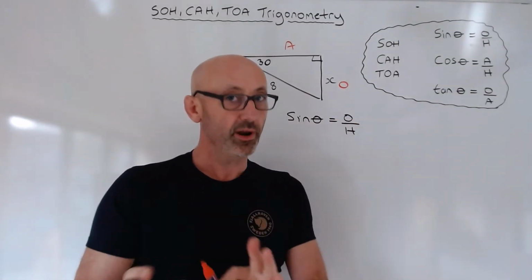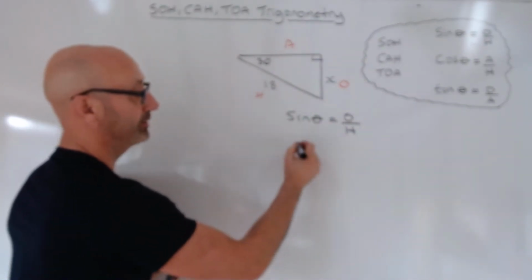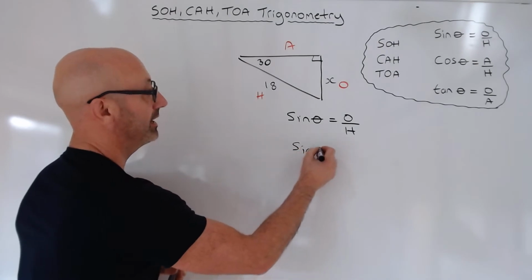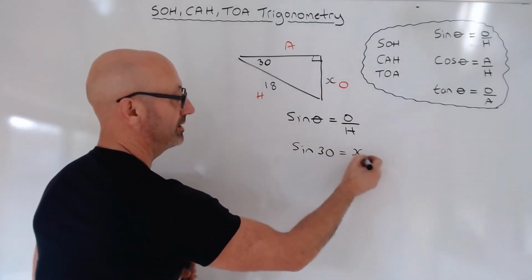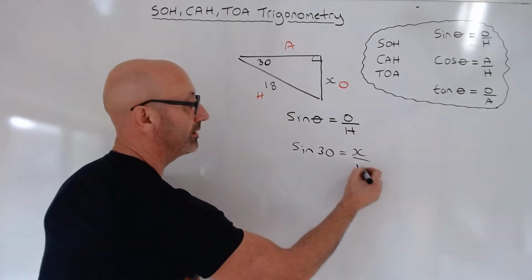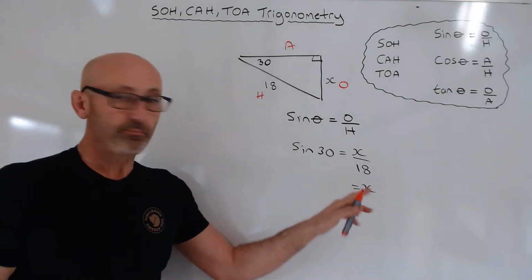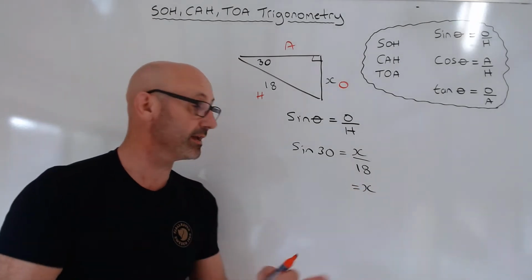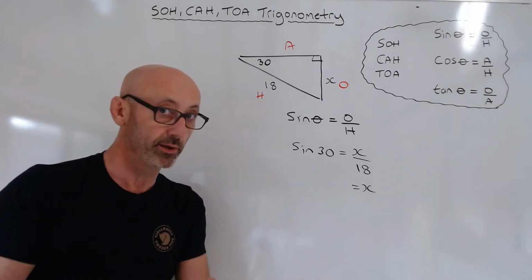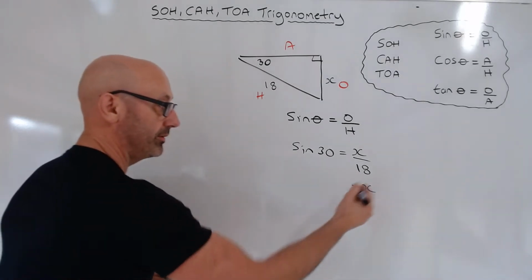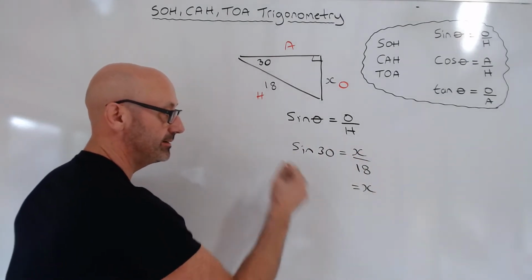So we've written down the rule, and now we're going to replace what we know. We know the angle, we know what the opposite is, and we know the hypotenuse. I've got to assume that we can rearrange the formula, and you'd probably times both sides by 18.